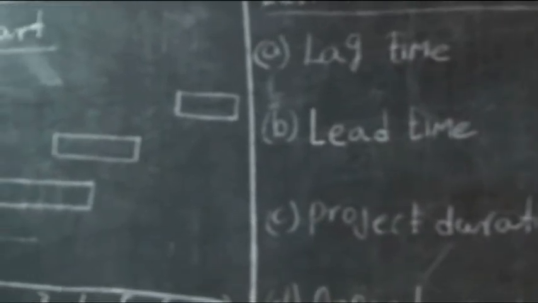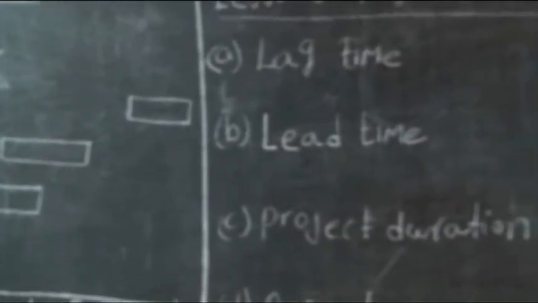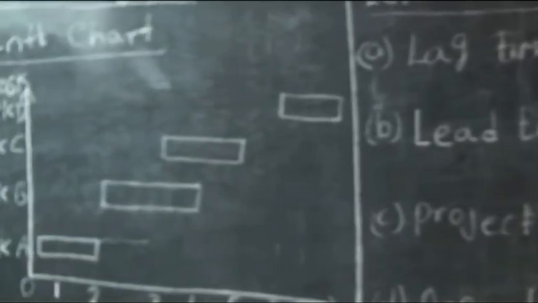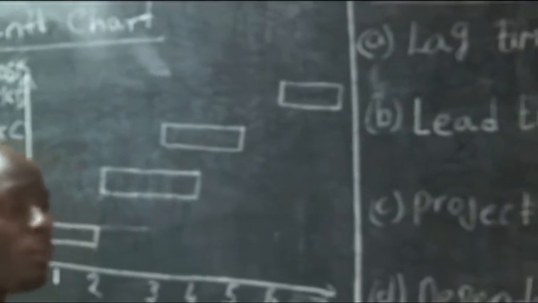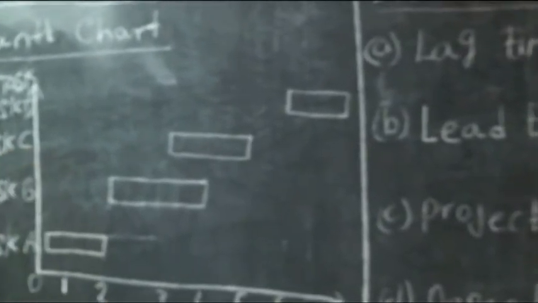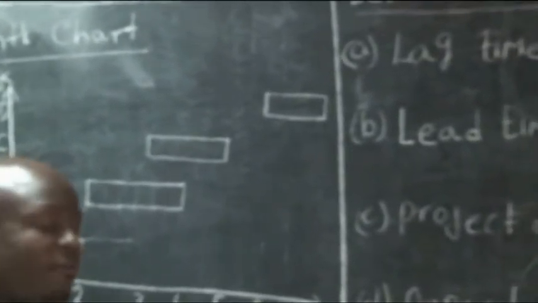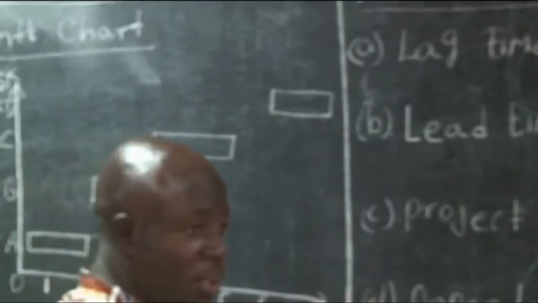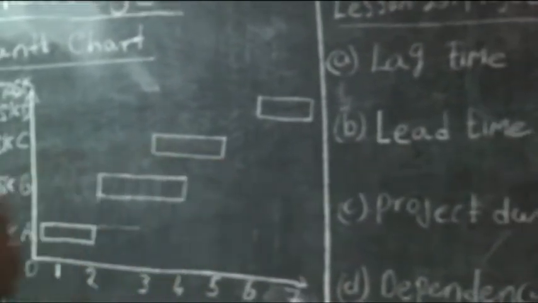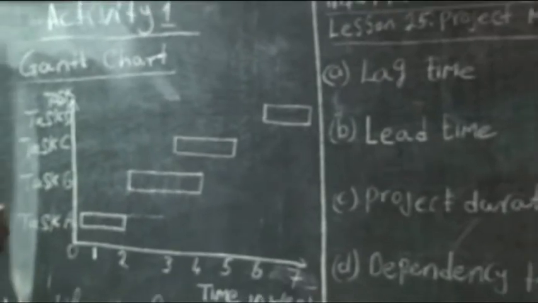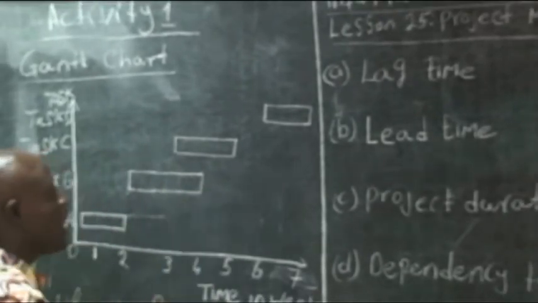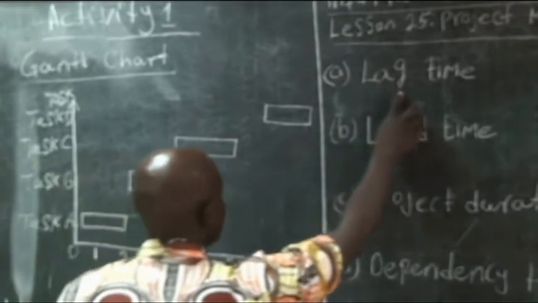As seen in our previous lesson, lag time talks about the delay, or that time that passed between the completion of a previous activity and the beginning of the successor activity. You cannot do this without using the Gantt chart. So, from our Gantt chart, we are going to identify that lag time.